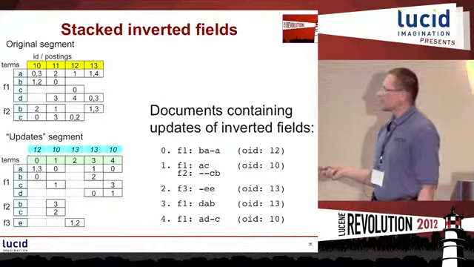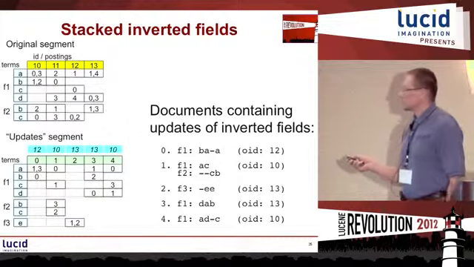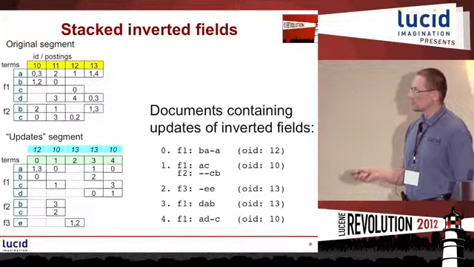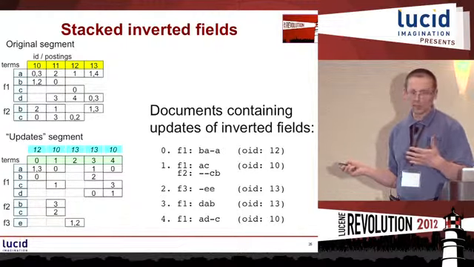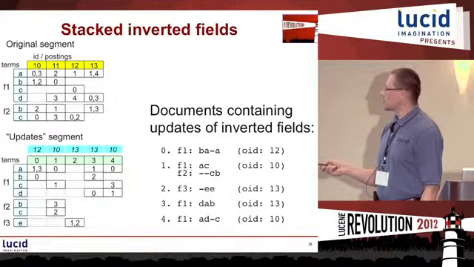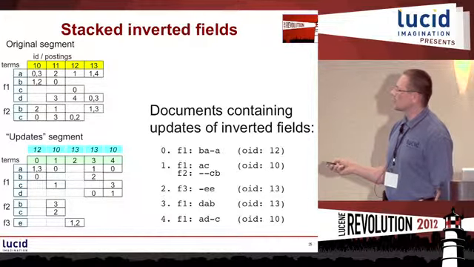So now we have this update segment with inverted fields. This is the content of the documents that provided this data for inverted fields. So you can see, for example, for document number 0, we have a field 1 that contains these terms.